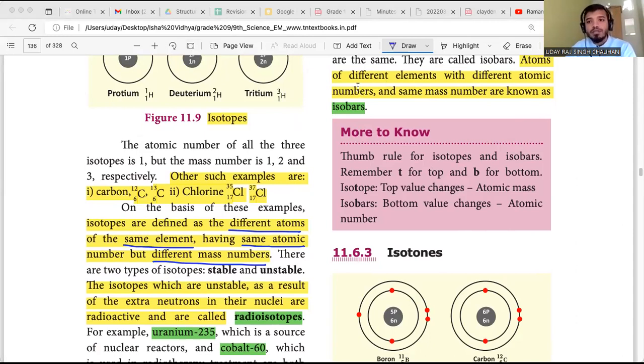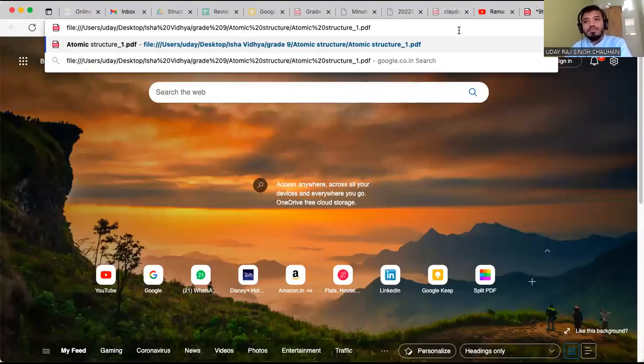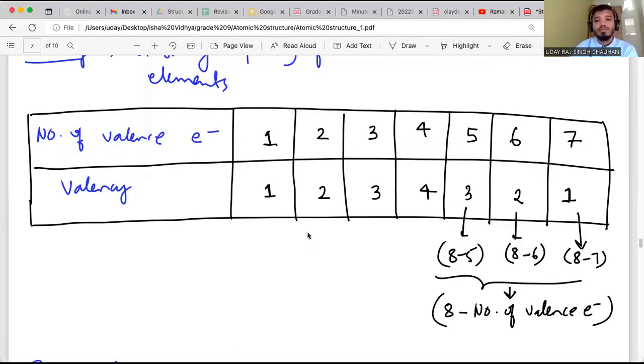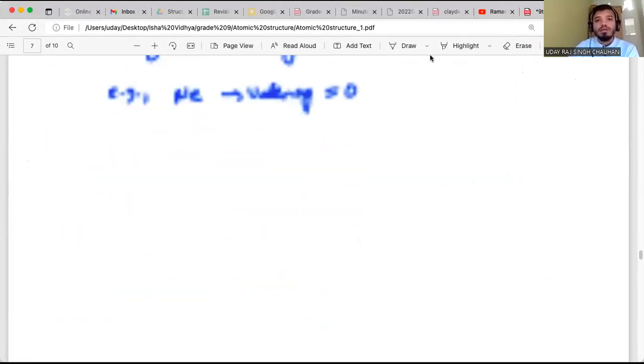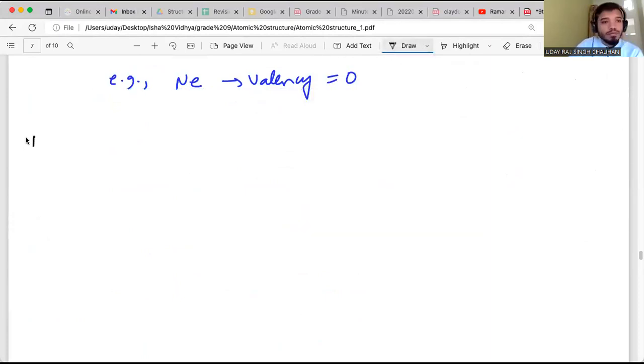Just a second, it got out of the window. Okay. So what is an isotope?